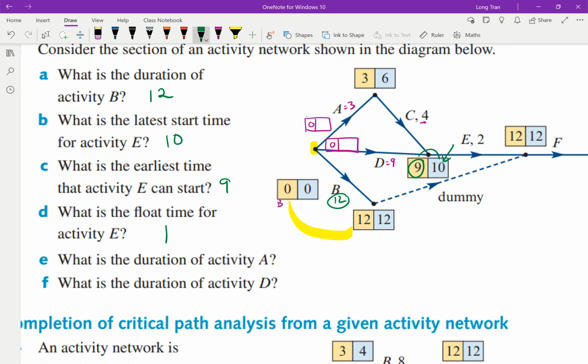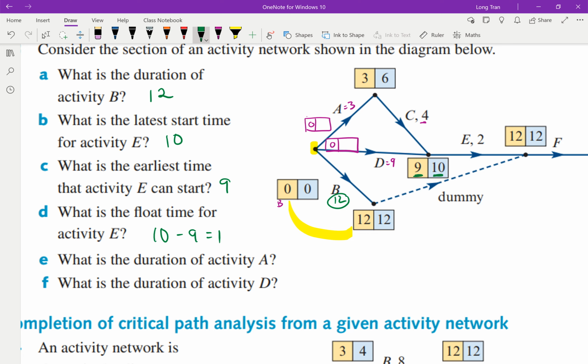They would still finish by 12. 9 plus the 2, because the weight of E is 2, they would finish at 11, which is early, or they could start at 10 and still finish exactly on time. So the float time is the difference between the earliest starting time and the latest starting time, which I just did: 10 minus 9 equals 1.